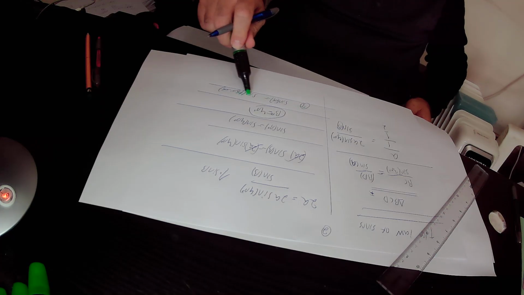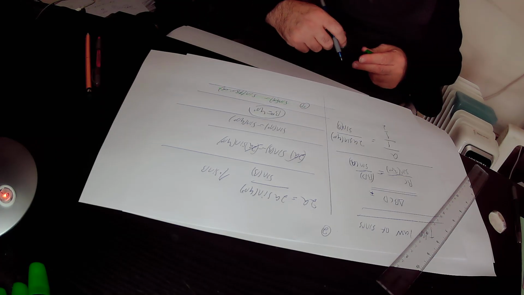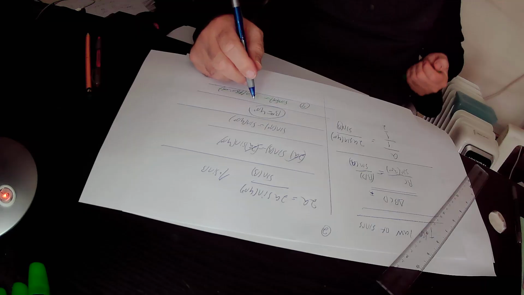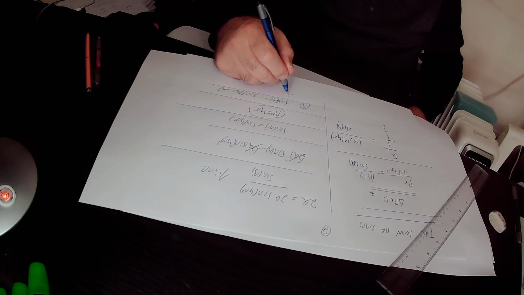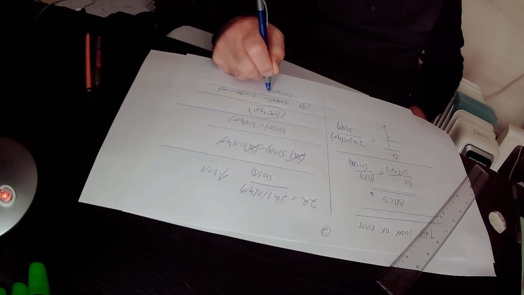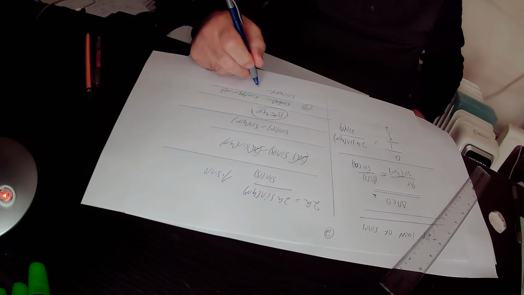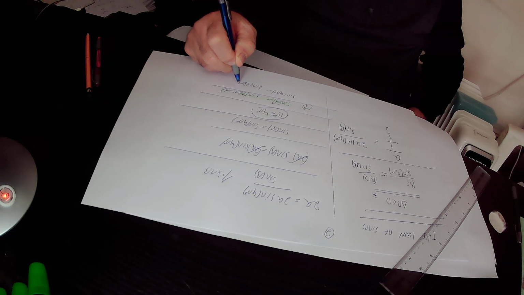According to this identity, we will get that sinus 40 degrees equals sinus 180 degrees minus 40 degrees.